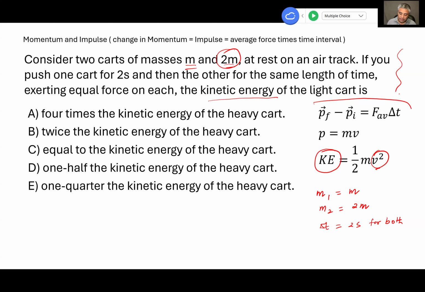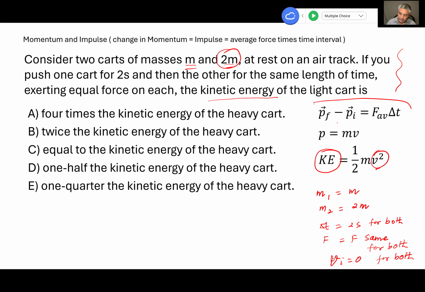But there is other information. For example, the time interval is given, and that is the same for both. Force is the same for both. And initial velocity is 0 for both.